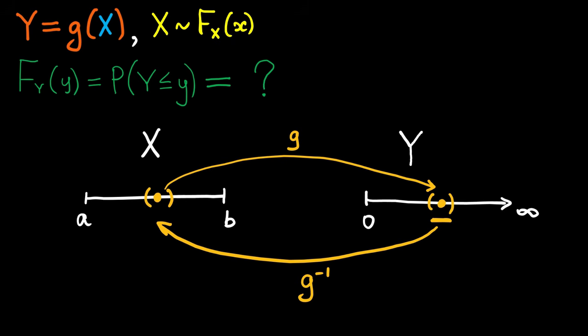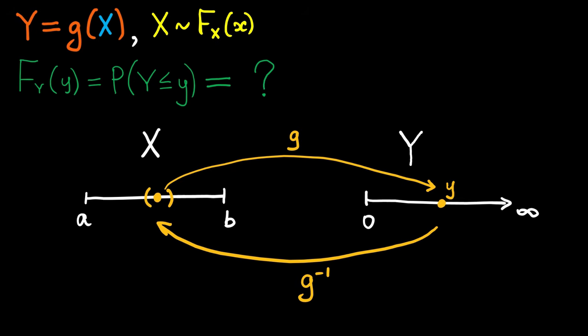But what if our question of interest concerns not sets, but points? So suppose that there's just a value lowercase y that we want to map back. A value can still map back to a set. So the preimage of a value in the support of the random variable y may still very well be a set.